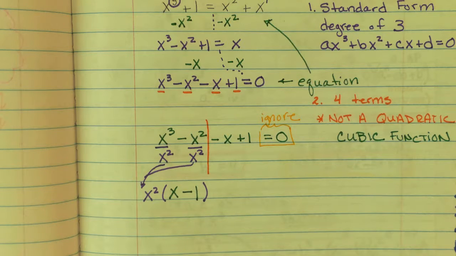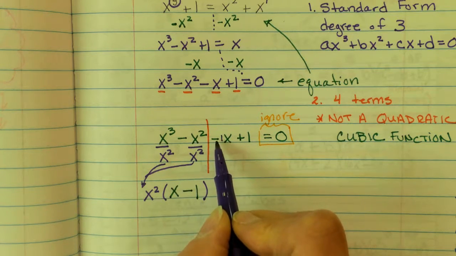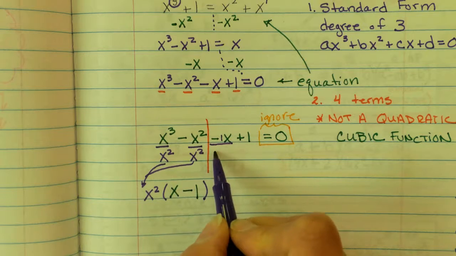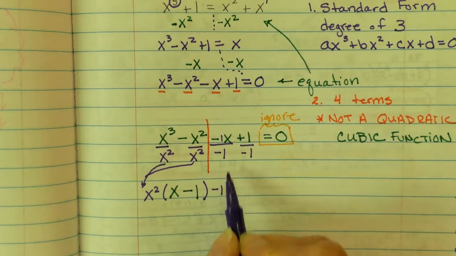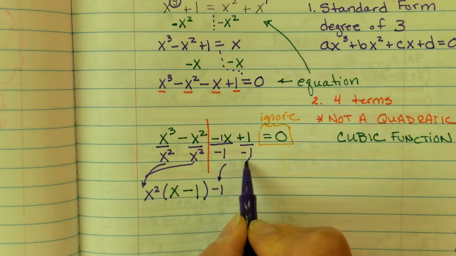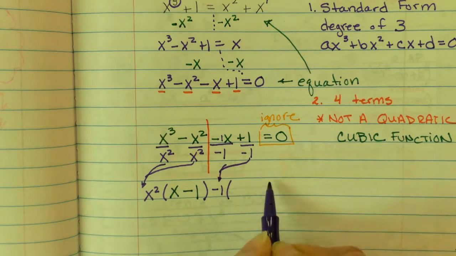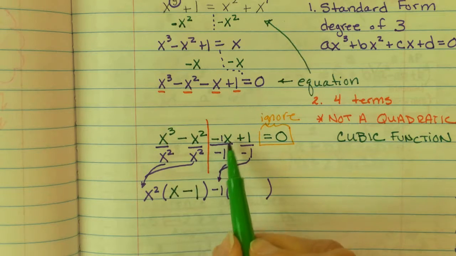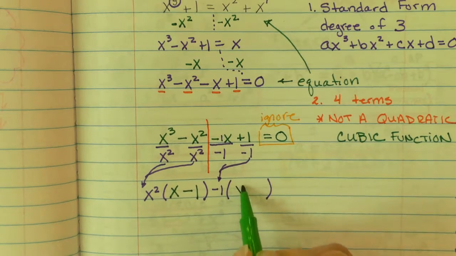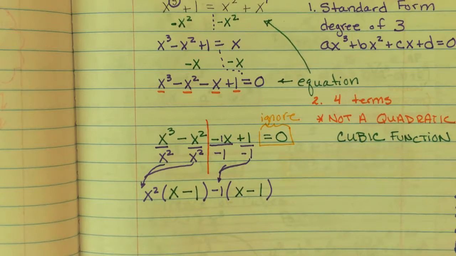At first you might think there's nothing, but that's not true. If my first term is negative, I always factor out a negative. I can factor out a -1 from both terms. I do not throw it away. I put it down here. Then I do my division. -1x divided by -1 gives you x. 1 divided by -1 gives you -1.